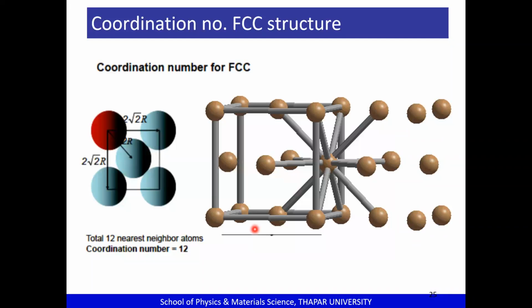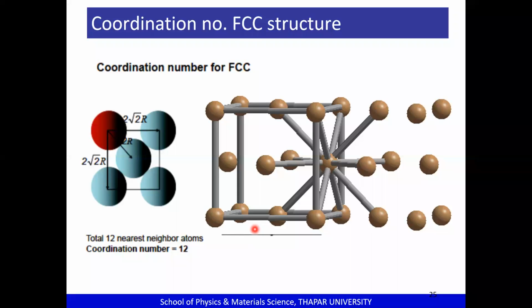Then let's talk about the coordination number of an FCC unit cell. The first thing that you should look at is which is the closest possible distance in an FCC unit cell. We have two possible directions in which one can look: one is along the face diagonal and another is along the edge.